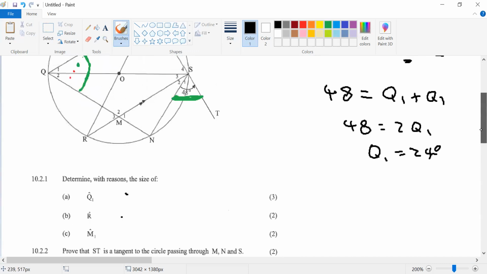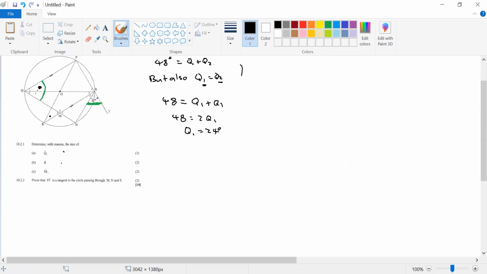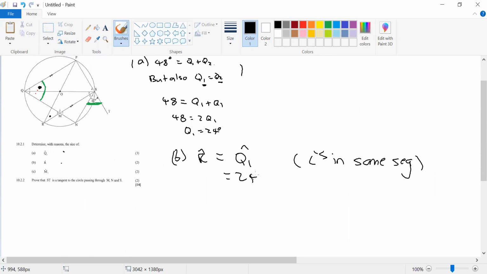Second question, we need to solve for angle R. Angle R is found right here, and it actually links to Q1 because they are both angles in the same segment. So this was A. For B, angle R is equal to angle Q1. Reason is angles in same segment. And that's just simply 24 degrees.